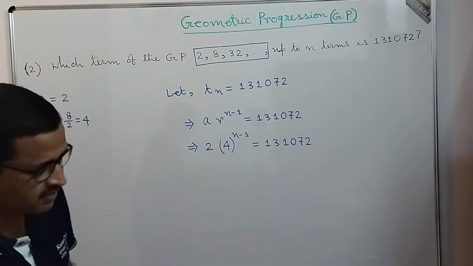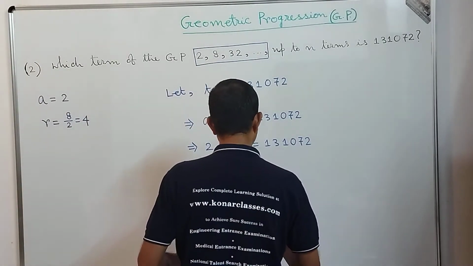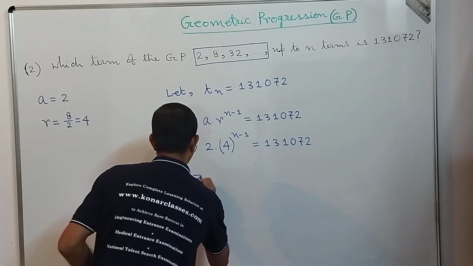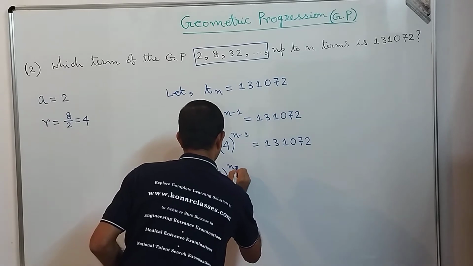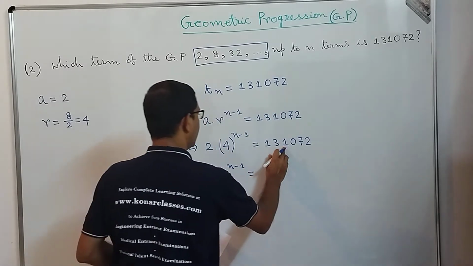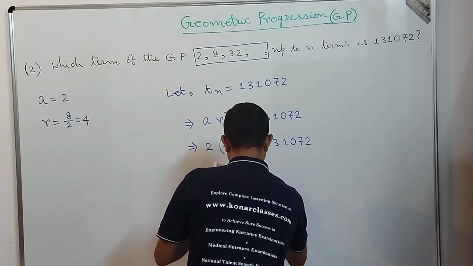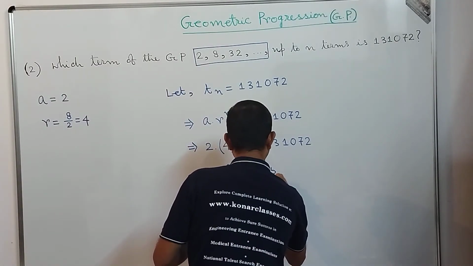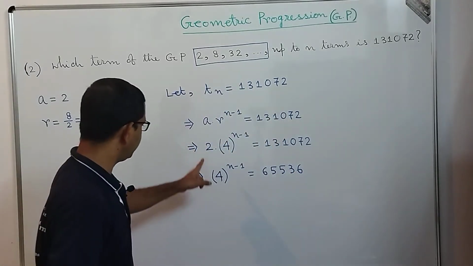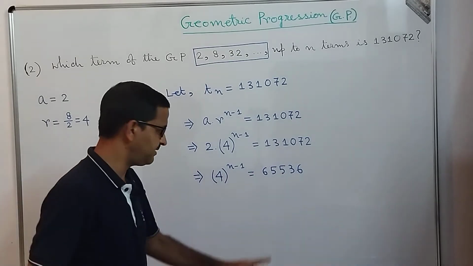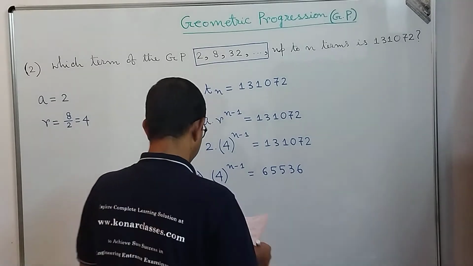Now it is quite simple to find the value of n from here. So from here we can write that 4 to the power n minus 1 is equal to 131,072 divided by 2, and that will become 65536. I am taking this number from my notebook because it is not required to compute and spend time here. So 131,072 by 2 is equal to 65536.